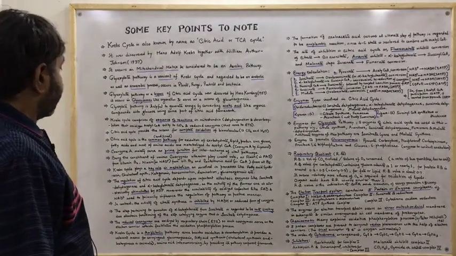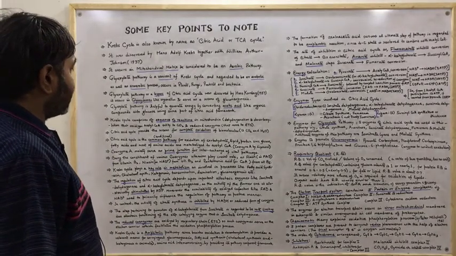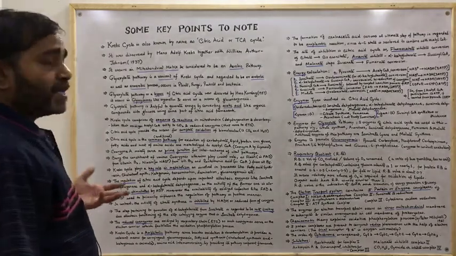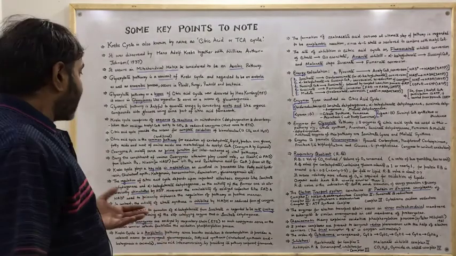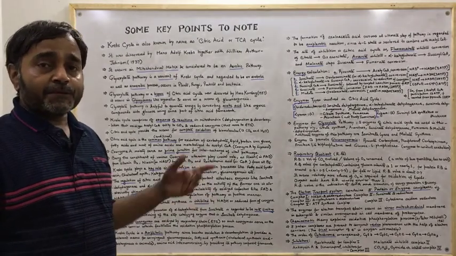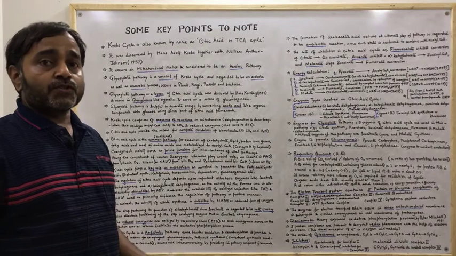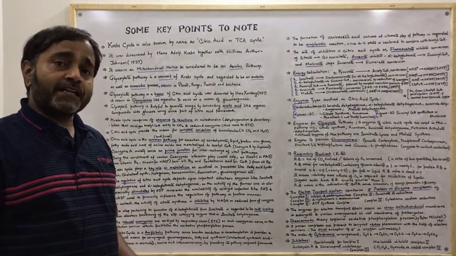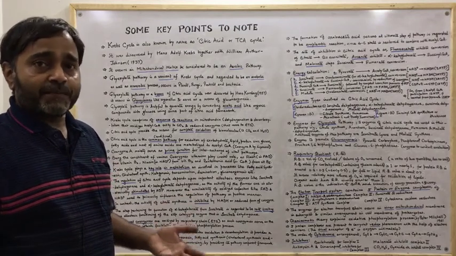Likewise niacin is present in NAD+, and niacin is present in vitamin B3. Likewise pantothenic acid, which is the component of coenzyme A, is present in vitamin B5. So different coenzymes are derived by the help of these vitamins.